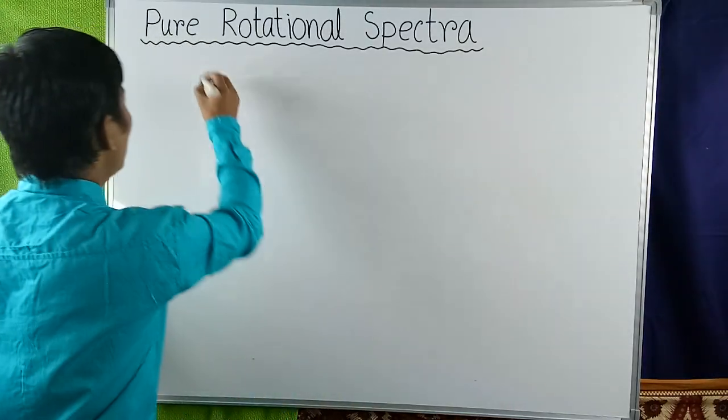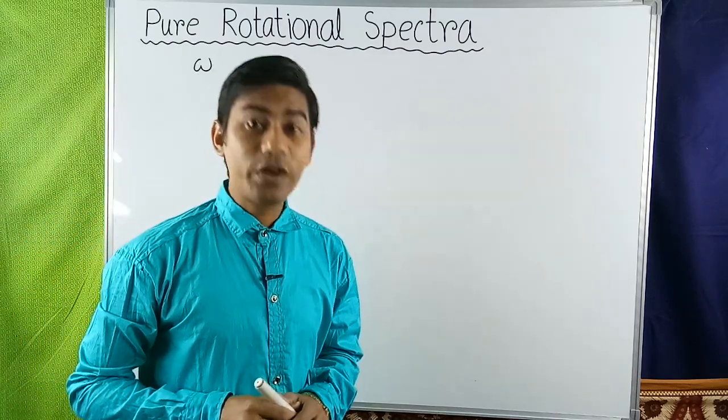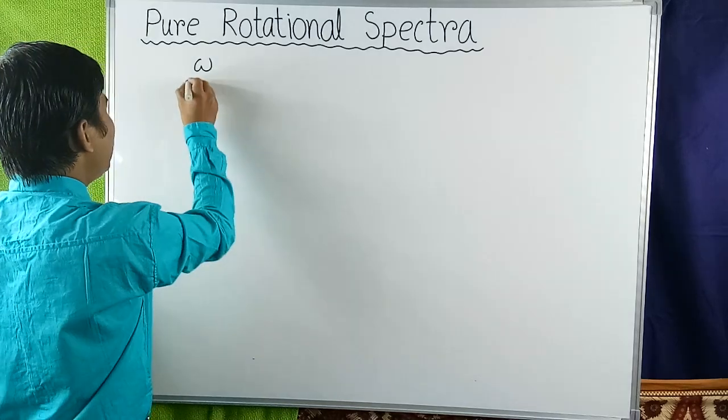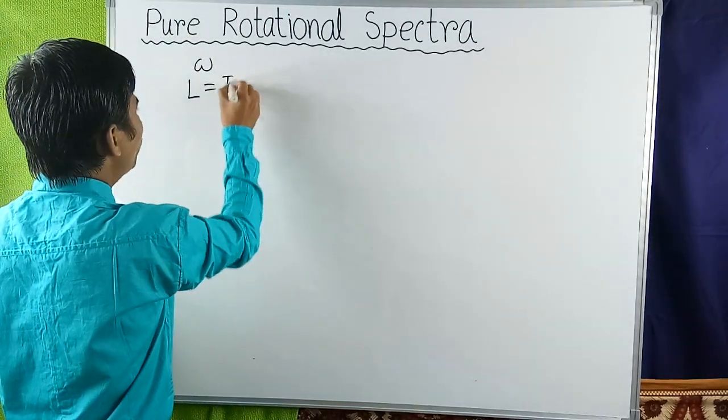Now if omega is the angular velocity of rotation, then the angular momentum L of the molecule is L = I omega.